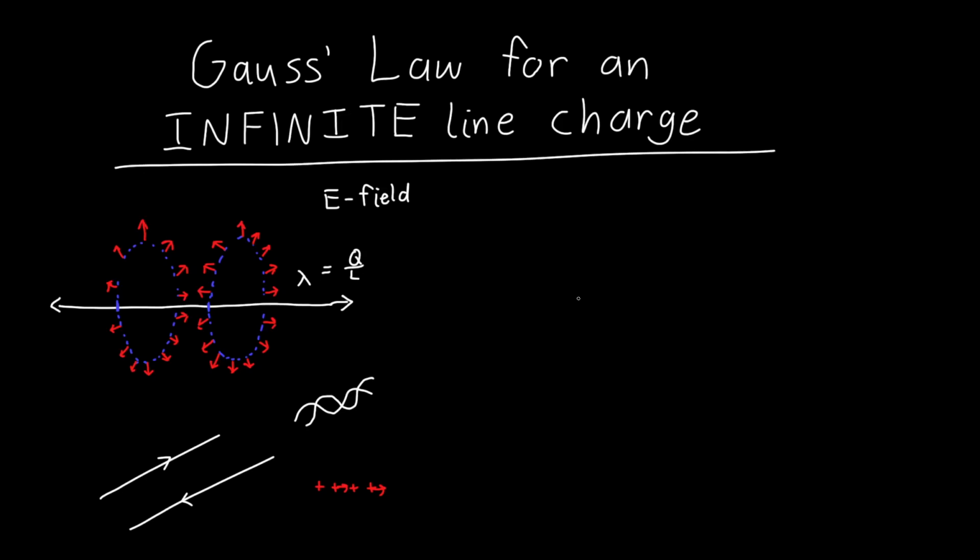So before we do anything, we're going to try to use symmetry to simplify our lives. What kind of symmetry do we have for an infinite line charge? Well, if we just look at it, we can see that there's probably some sort of radial symmetry around the line charge. But if we zoom in on a particular segment of the line charge, let's call this the origin, then any little piece of the line charge will make an electric field some distance away that points in this direction.